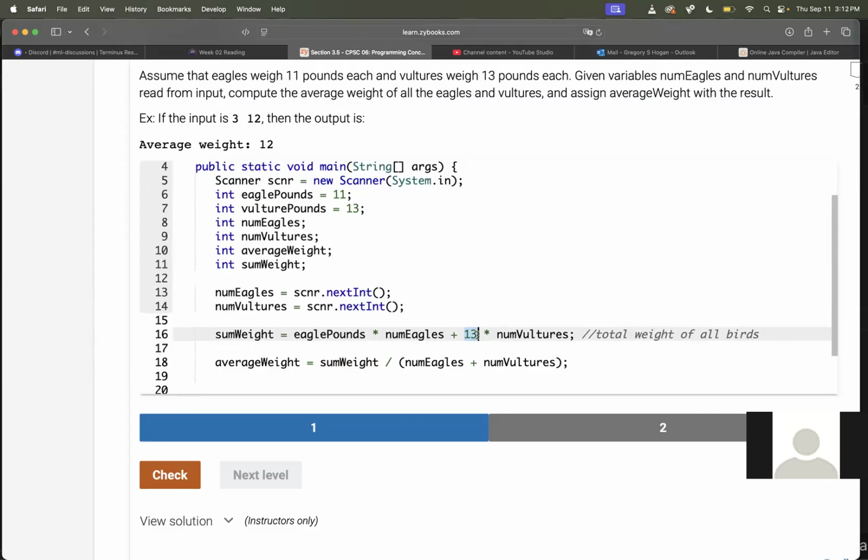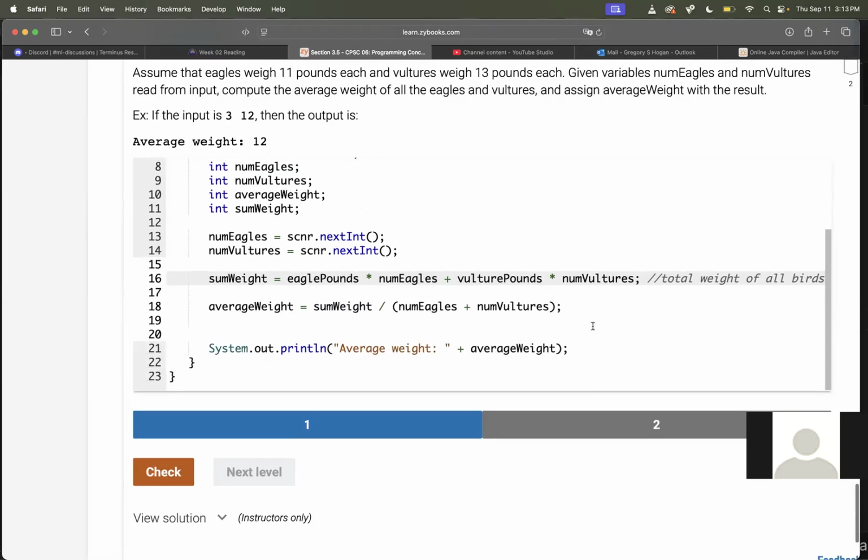The 13 was how much a vulture weighed, but there's vulture pounds as well. So you could replace the 13 with vulture pounds. So then the weight is eagle pounds times the number of eagles plus vulture pounds times the number of vultures. It's the same as if you just type in the numbers though. Okay, so you have to calculate the total weight and then divide the total weight by the number of birds.